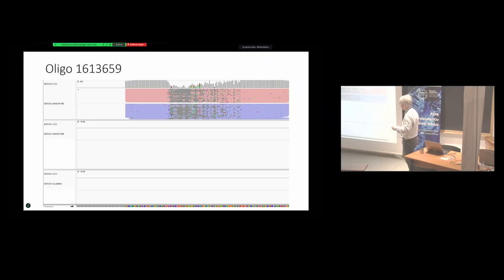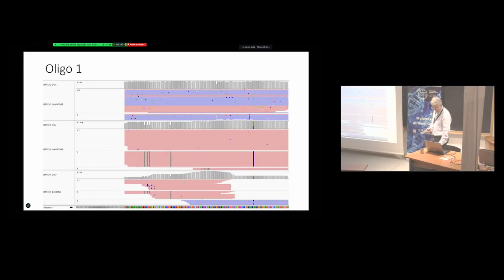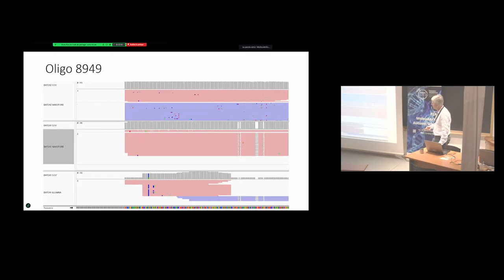The first run was totally unsuccessful, and we were even unable to get a signal with Illumina sequencing.